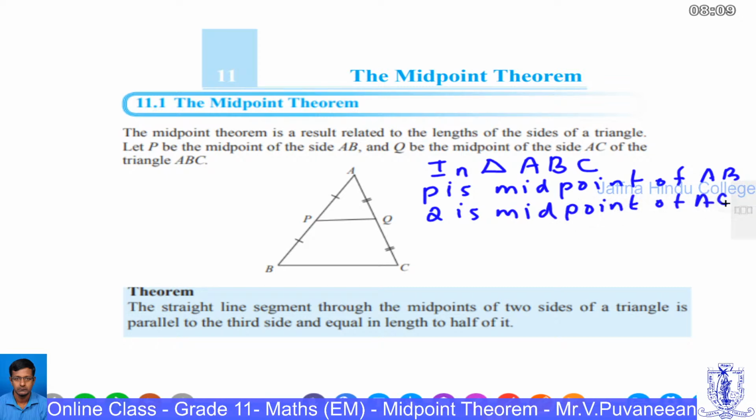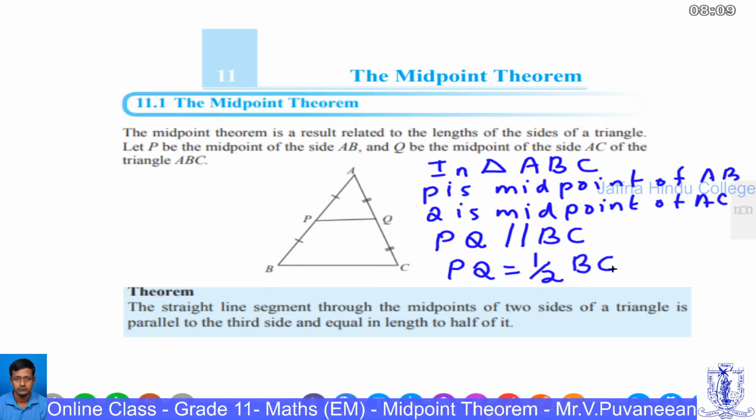So now we can say, according to the theorem, the line joining the midpoints of the two sides of a triangle, the line joining the points P and Q, PQ, is parallel to the third side BC, and the length of PQ is equal to half of the length of BC.